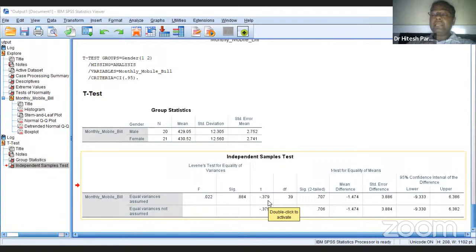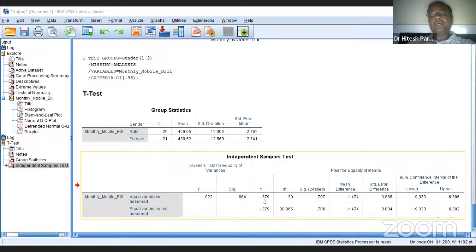What is the t calculated? It is the answer of the formula of the t statistic, right? For the t-test, the smaller the t calculated value, the smaller the difference between the groups. The higher the value, the higher the difference between the groups.